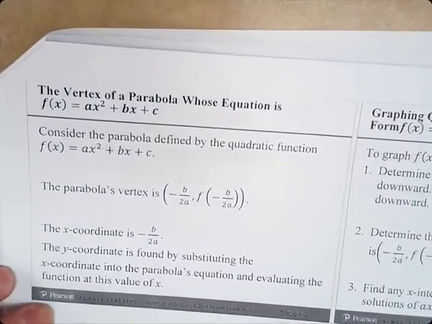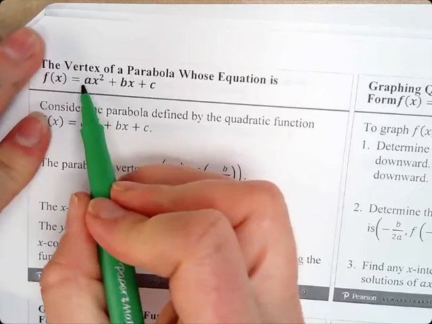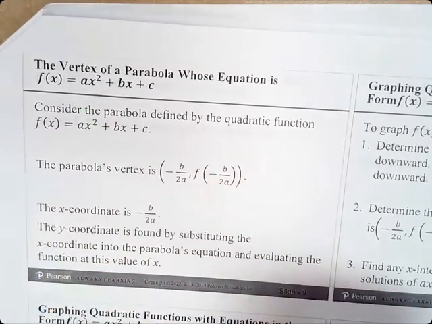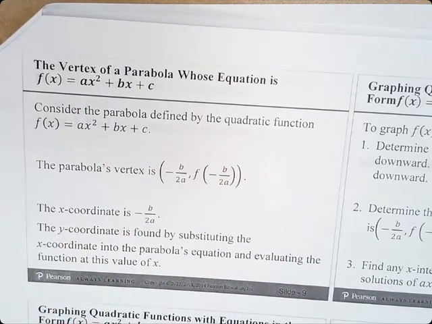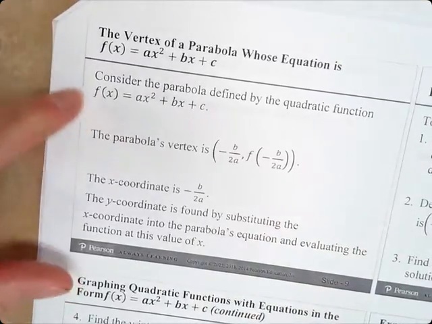Okay, so if it's not in the standard form, if it's in the general form, ax squared plus bx plus c, then we're going to have to use something a little different, right? Oh, that was vertex form. This is standard form. So we are going to have to use our quadratic formula.